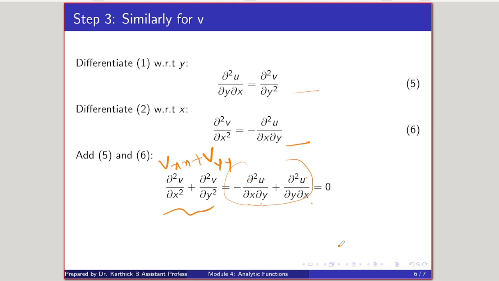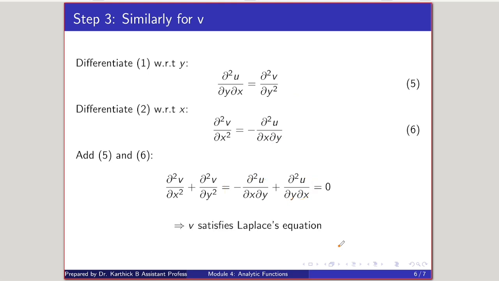If I differentiate any function with the first variable and then the second variable, or else differentiate with y and then go for x, both are the same. This term will be equal to 0. This term is already equal to this. Therefore, here it is equal to 0 now. Then this will be equal to 0. Therefore, it satisfies the Laplace equation. Then we say it is harmonic.